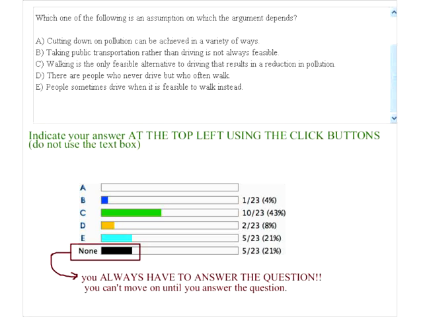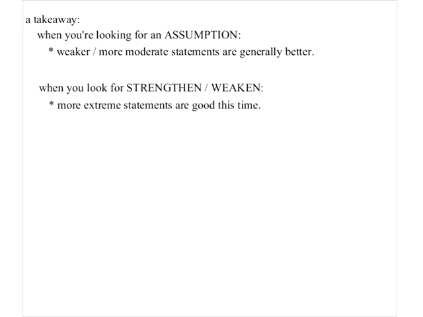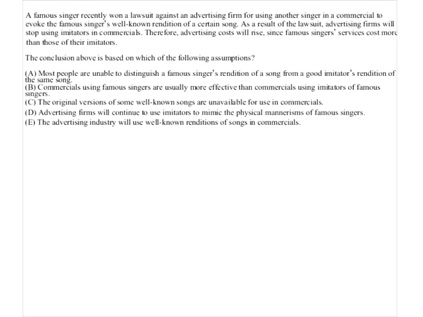Try this right here. I'm going to clear out your answers. I'm going to give you about a minute and a half again, maybe a minute 40. Go for it.